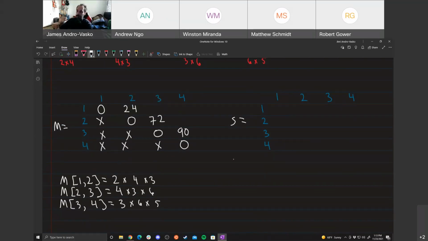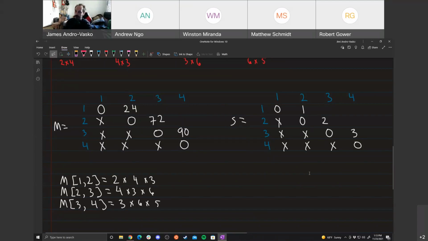And in my S array, I'm going to also put these over here as well. So I'm going to also mark these as 0. And X is over here. And I'm going to go ahead and just, for now, put this as 1, 2, and 3. The reason why is, well, this first column here is kind of difficult to explain.